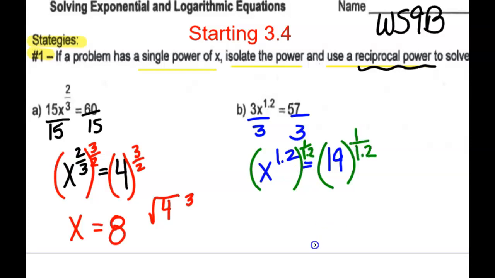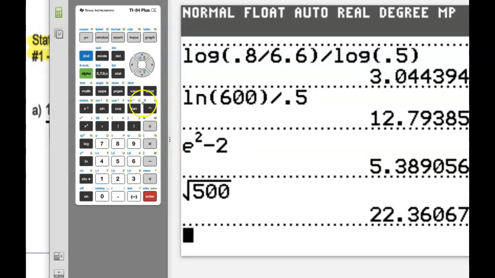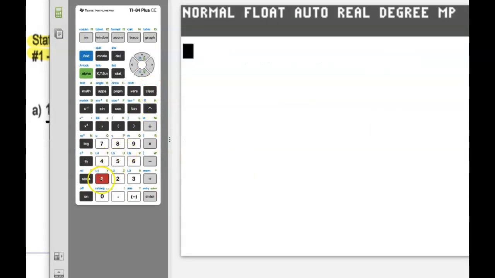It isn't going to be pretty no matter what we do. 1.2, if you did a math enter is 6/5, so we're really doing the 5/6 power, but it doesn't matter. We're just going to type 19 to the, was it 1/1.2? Yeah. Okay.